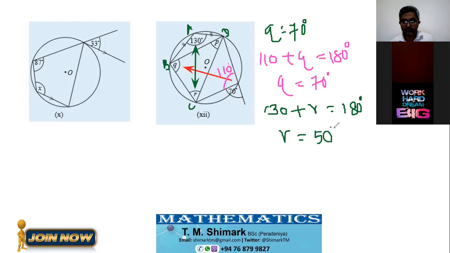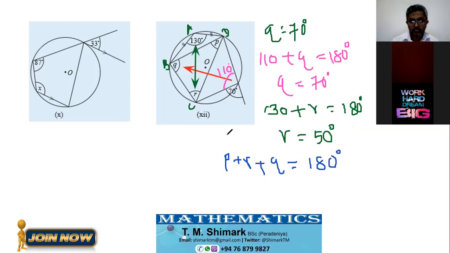R we found. If we found R, what's the problem in finding P? P is very simple. We can say P plus R plus Q equals 180 because it's a triangle.